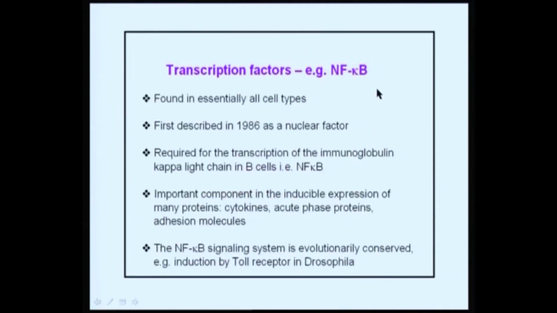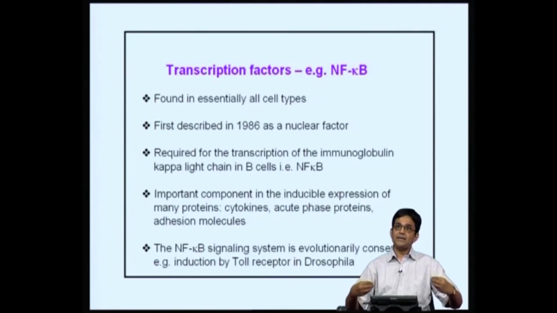Okay. During the studies on the signal transduction of TLRs, we had shown importantly the activation of NF-kappa B. This NF-kappa B and the NF-kappa B equivalent in Drosophila, the signal transduction cascade is almost similar.